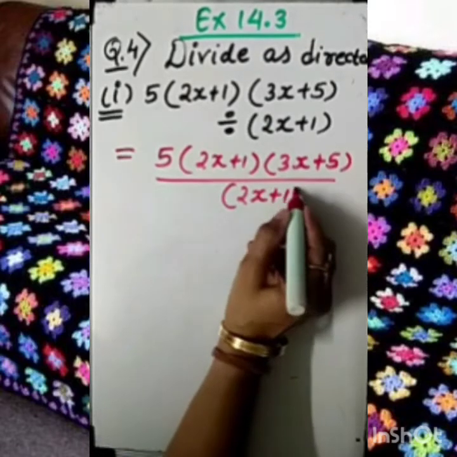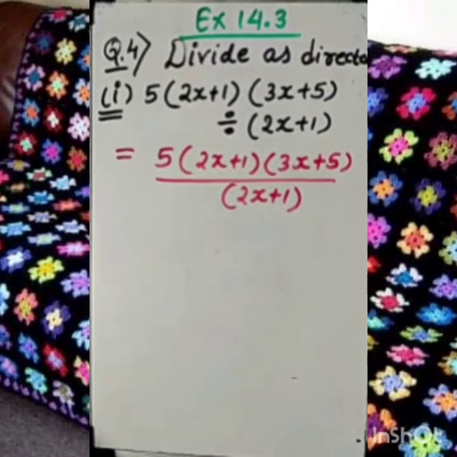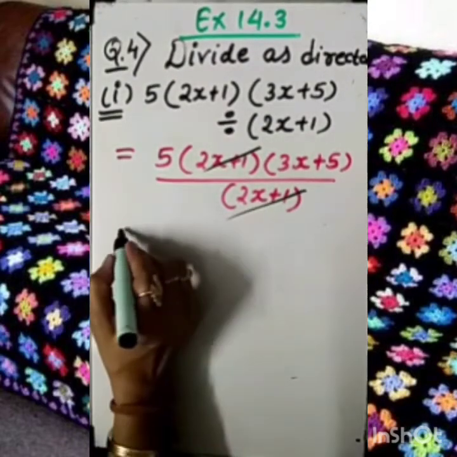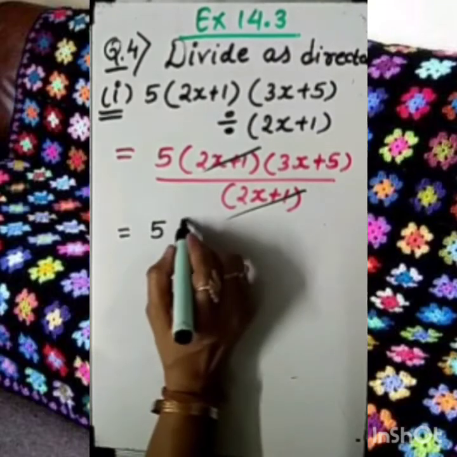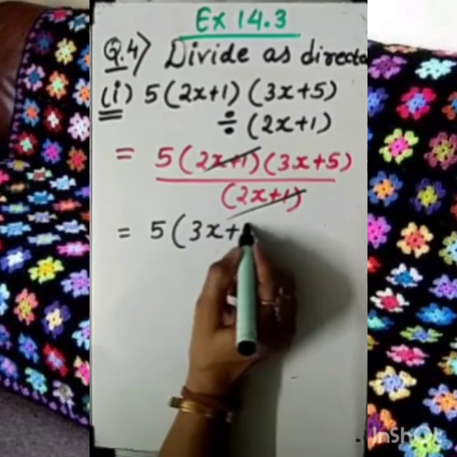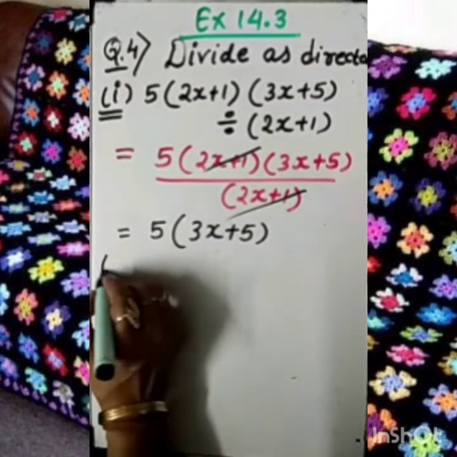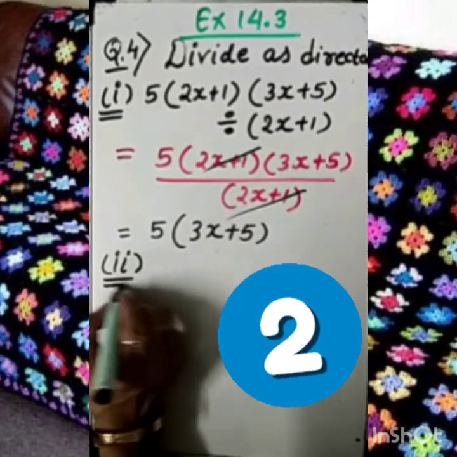Now you can see the brackets are similar in the numerator and denominator, so let me cancel it. What is left? Here 5 and 3x plus 5 is left. So this is the division. This is the answer.